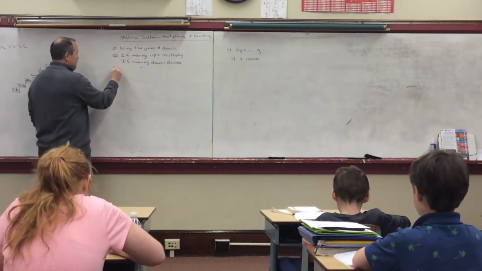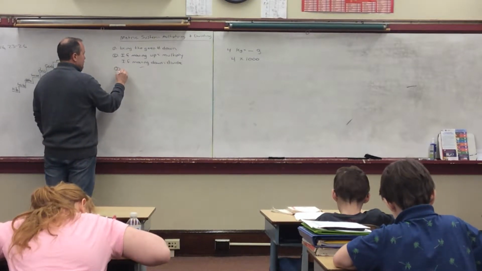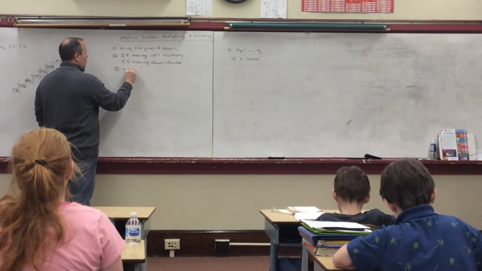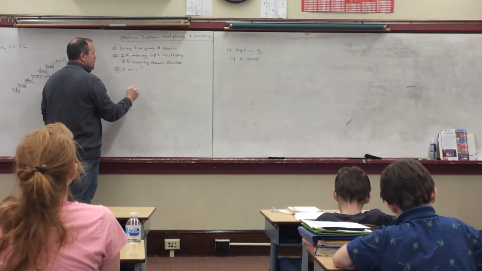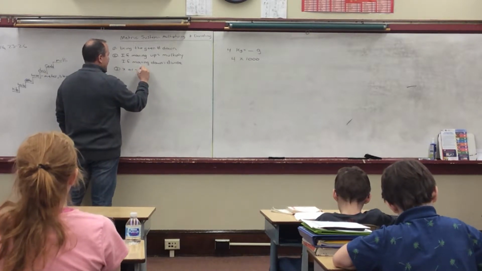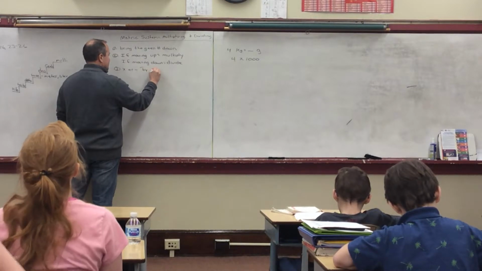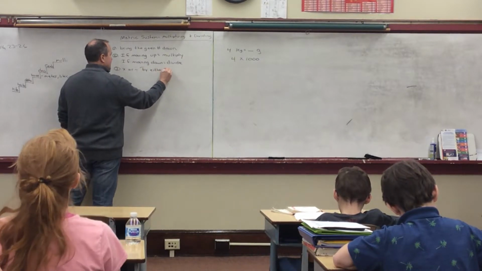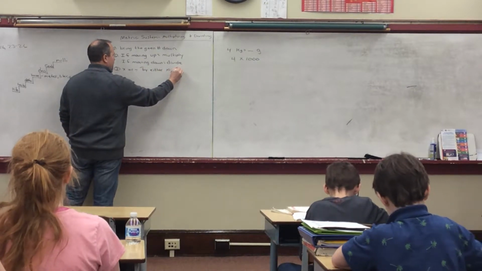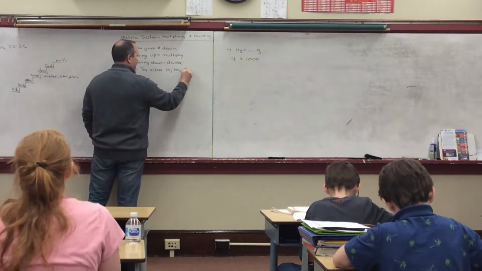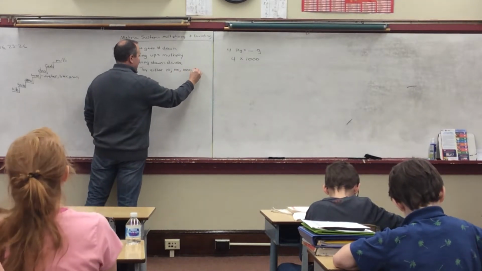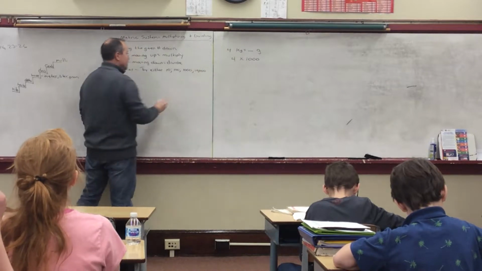So for step 3, we're going to multiply or divide by either 10, 100, 1,000, maybe 10,000. Okay?